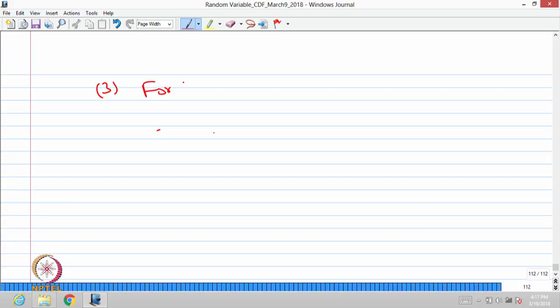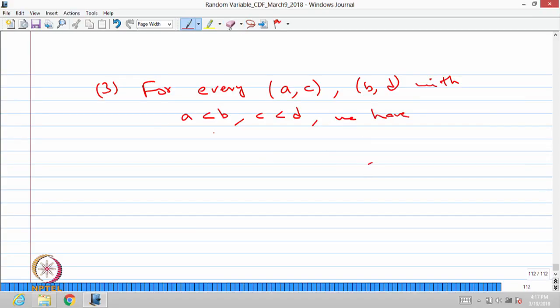The third point: for every a comma c and b comma d with a lesser than b and c lesser than d, we have... I can just draw the diagram first, then I can go for it.